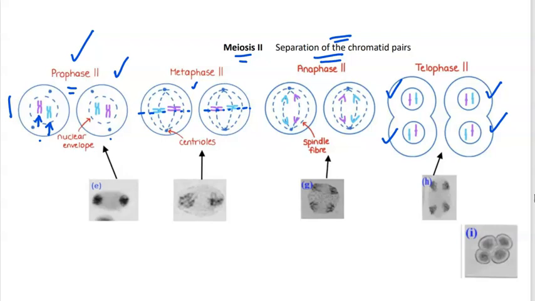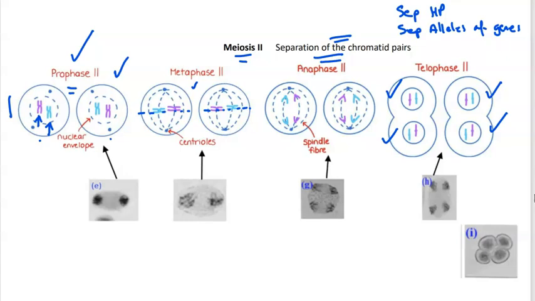So by the end of this event, what has happened is that we have separated the homologous pairs, we have separated the alleles of each gene in effect, and the chromosome number has been reduced to a single set of chromosomes.